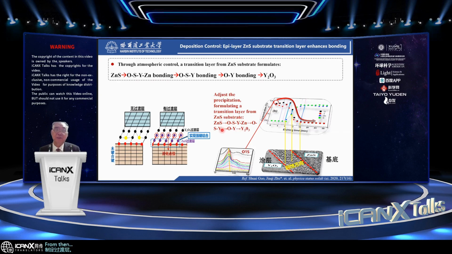From ZnS substrate, you first have OSY zinc, and then OSY, and then OY, and then finally you have a stoichiometric Y2O3 on the top. Graphically, you can see your substrate is here, and this area is your transition region, and finally you have Y2O3. Chemically, you can take a look at this transition from ZnS finally to Y2O3. By this way, you have a good bonding.